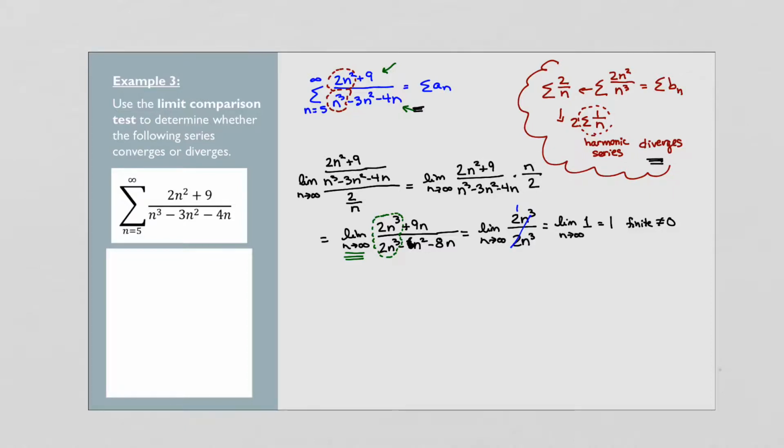Let me write that down in a summary. So we let b sub n be the series 2 over n. This diverges because it is a multiple of the harmonic series.